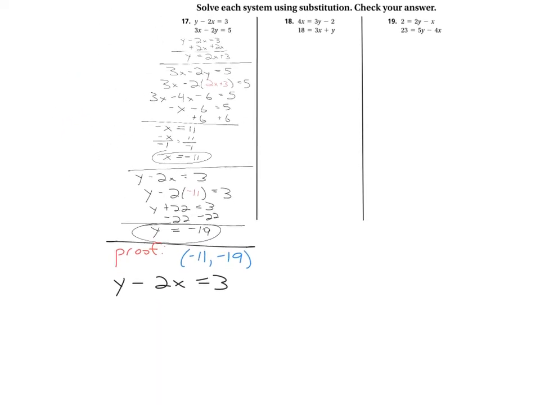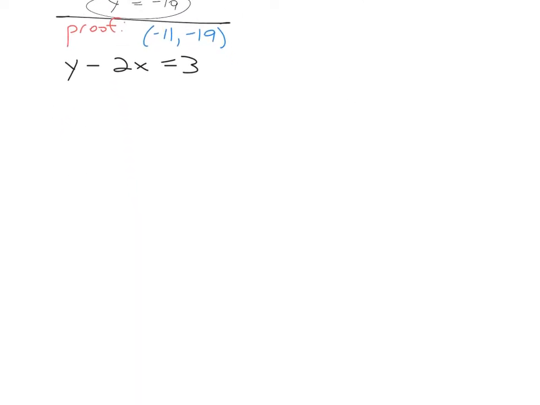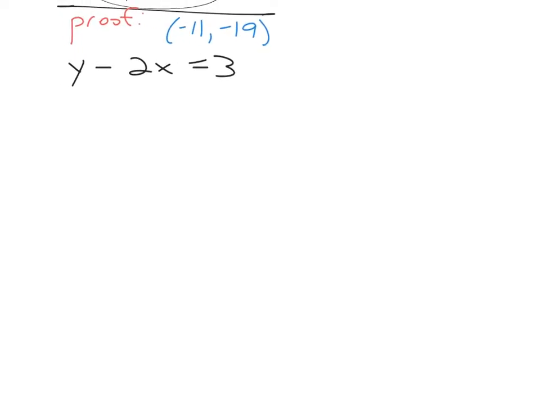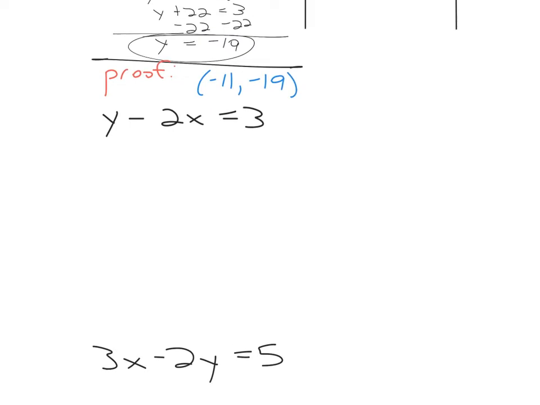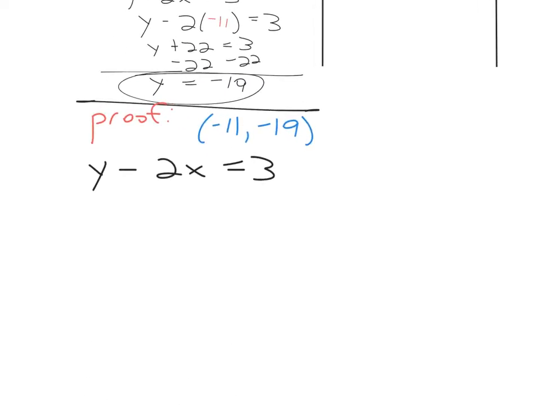And down here, we'll do the other equation, which is 3x minus 2y equals 5.